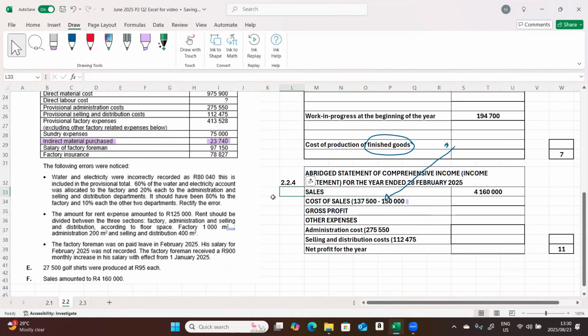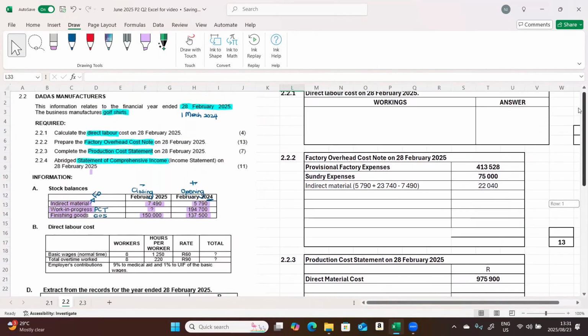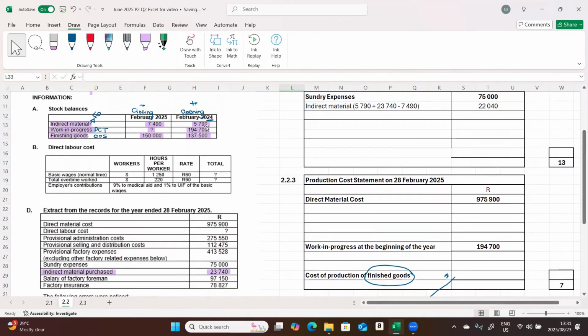In the meantime, because we are still waiting for the cost of production of finished goods, that will be calculated over here, and we are going to add it to the calculation of cost of sales. Okay, perfect, guys. So can you see that is how you earn a few marks already? So make sure that your stock balances are represented everywhere in your formats. Let's just quickly make sure that we understand why we have to incorporate these stock balances.